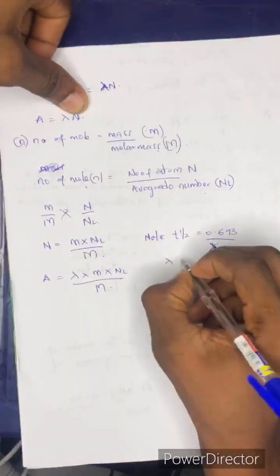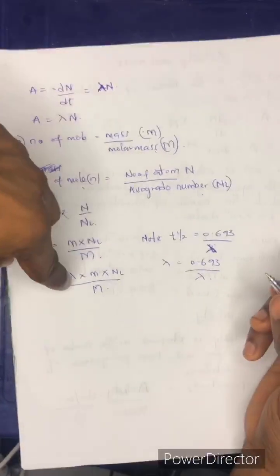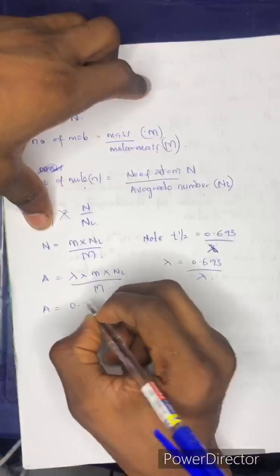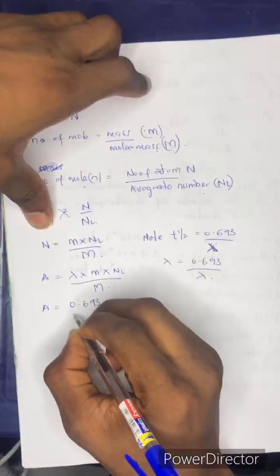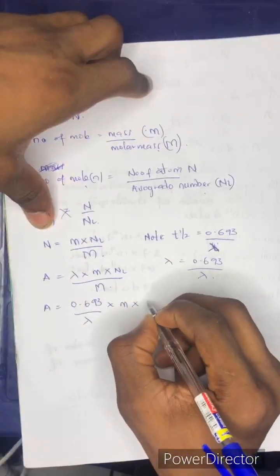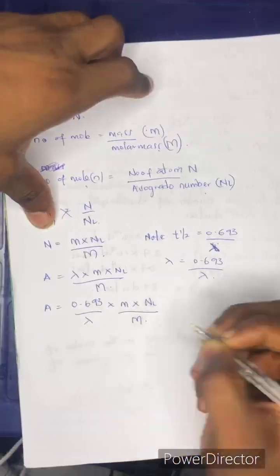We can also say that lambda equals 0.693 over half-life. So we can substitute that here: A equals 0.693 over half-life times m times Avogadro's constant all over capital M.